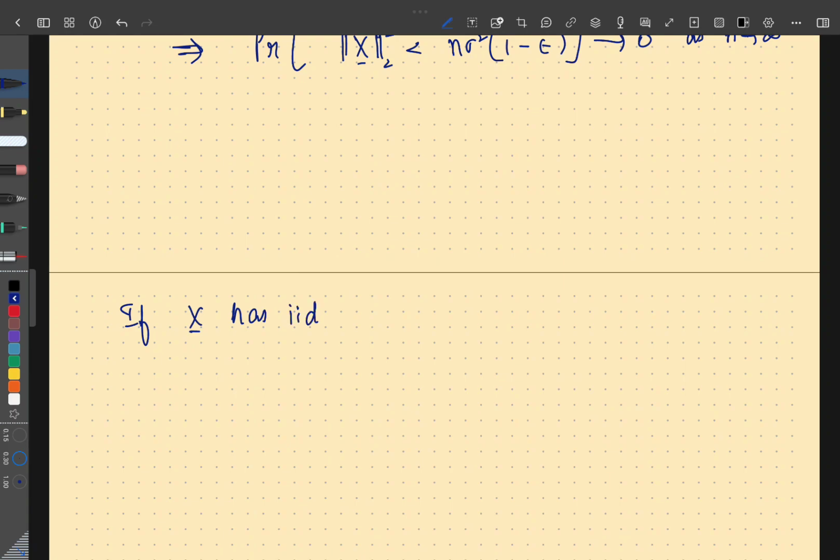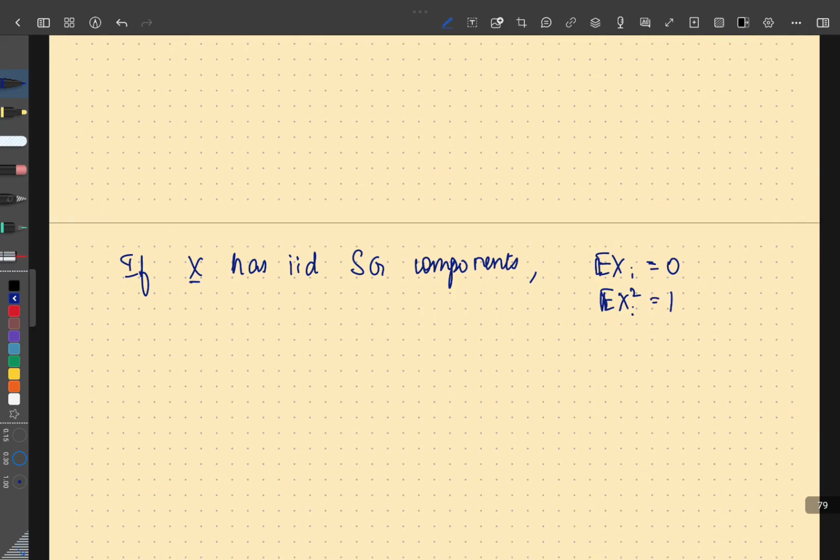Suppose x has IID subgaussian components. Let's make some more assumptions for convenience. Let's assume that the expectation of xi equals 0. We'll also assume that each component has unit variance, but they need not be IID. They have to be independent.